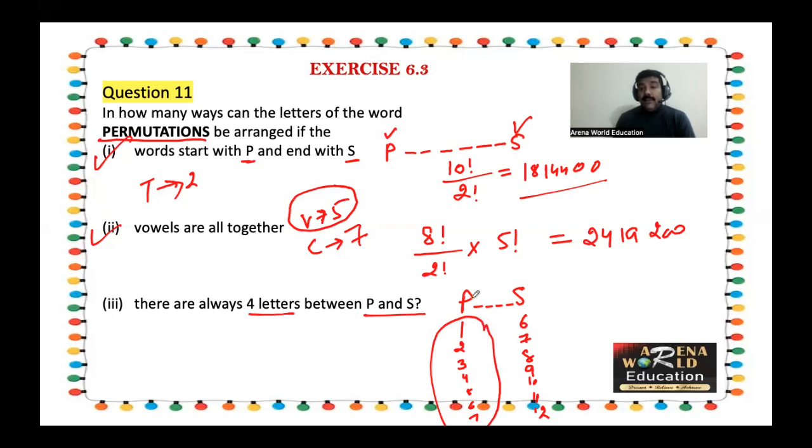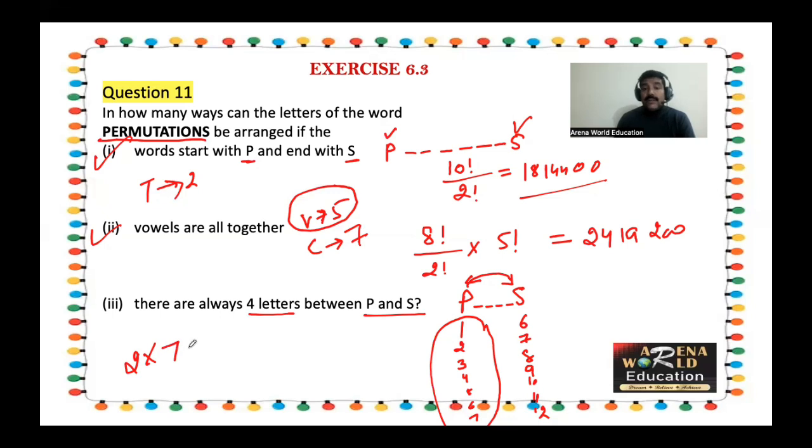And this time, P and S can also interchange. We can also interchange these two, P and S. So they are interchangeable. So they can be arranged in 2 different ways. They can change the position, and we are having 7 different options to arrange P and S such that there will be 4 letters between them.